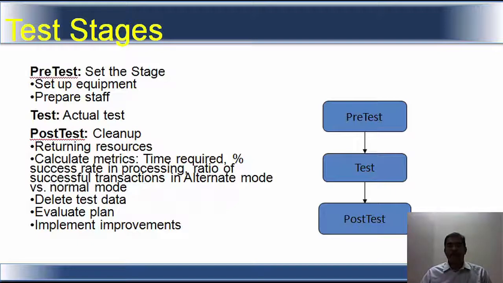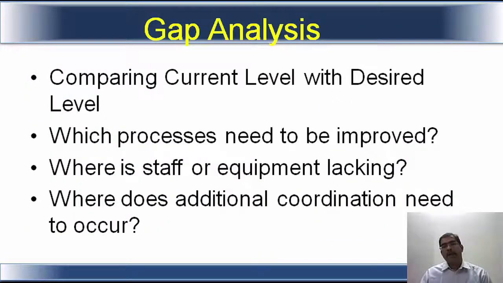In that, you set up the equipment, you prepare the staff for the test. Then the test phase is the actual test that you perform, and the post-test is you clean up, return resources, calculate metrics, time required, then successful percentage rate in processing, ratio of successful transactions in alternate mode versus normal mode. Then you delete the test data, evaluate the plan again, implement improvements to the plan.